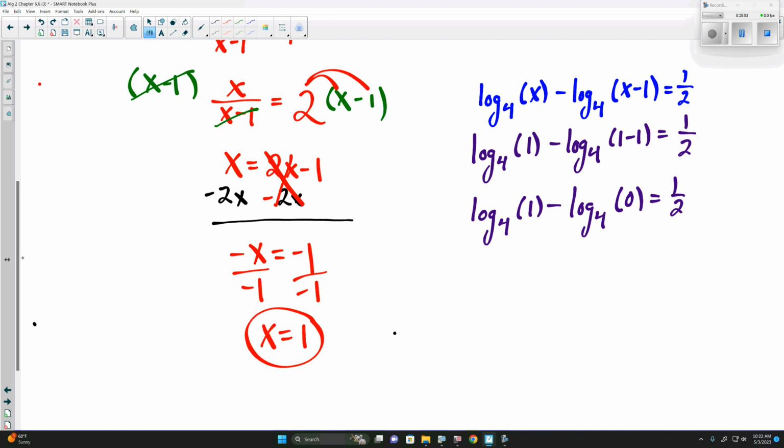This does work. What's 2 times negative 1? Negative 2. That means x is not 1, x is 2.